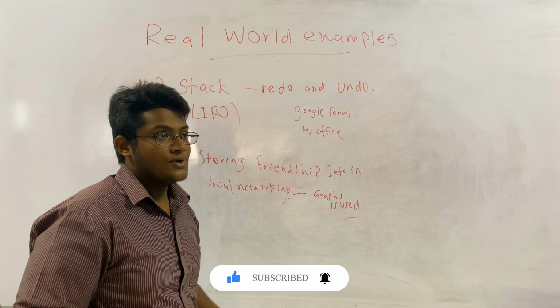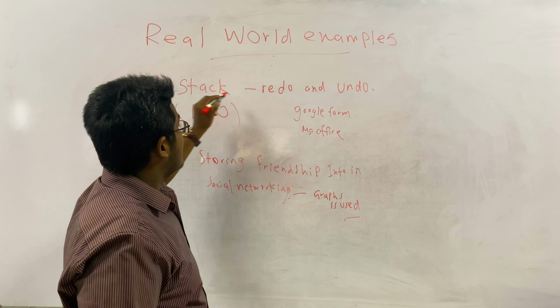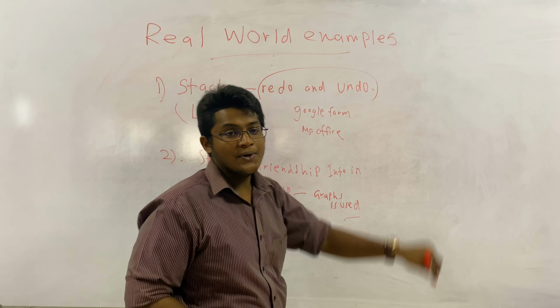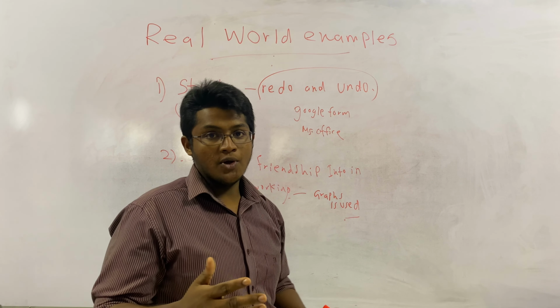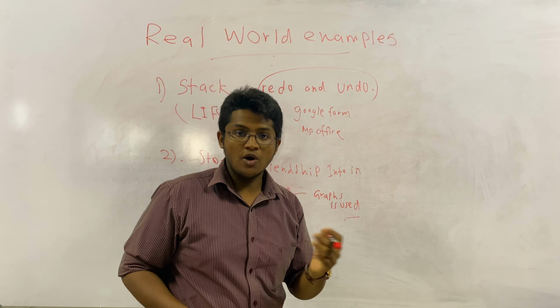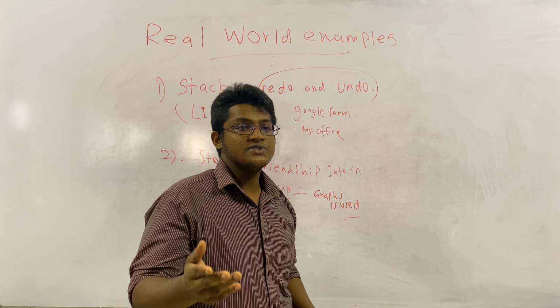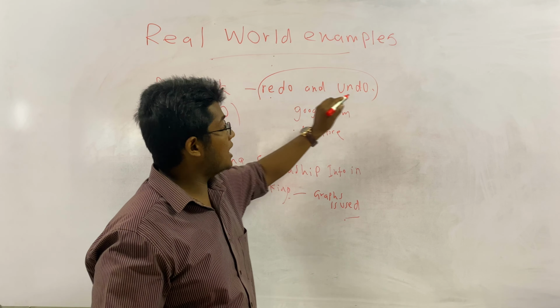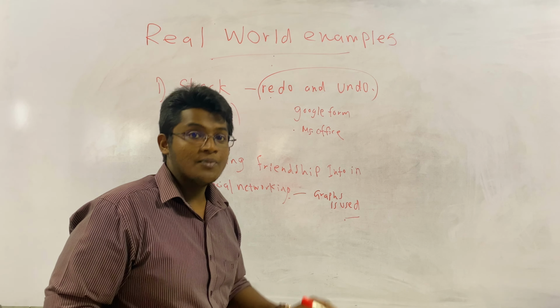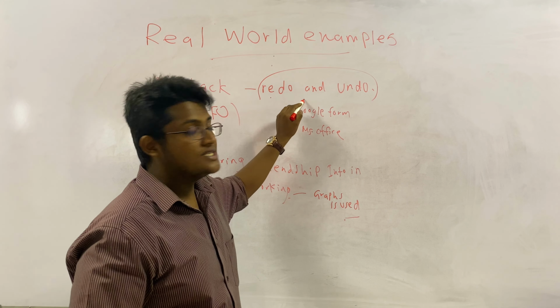So the first real world example is redo and undo. I think you all have worked with Microsoft Office, Google Forms, and you have an option to redo and undo. By the help of data structures, this operation is done.